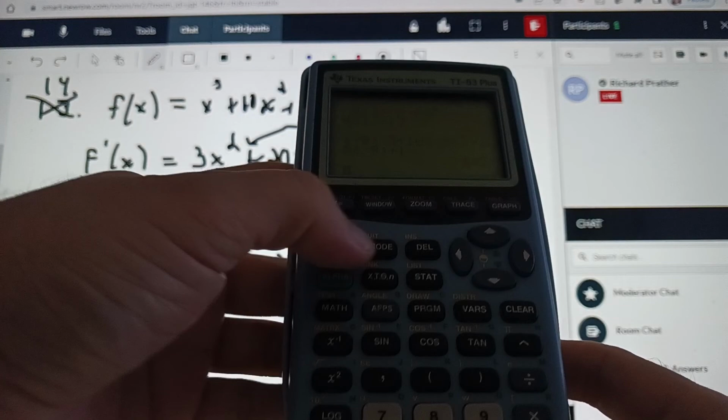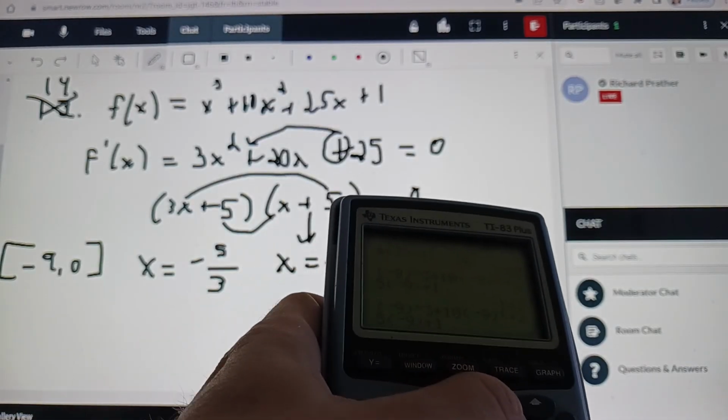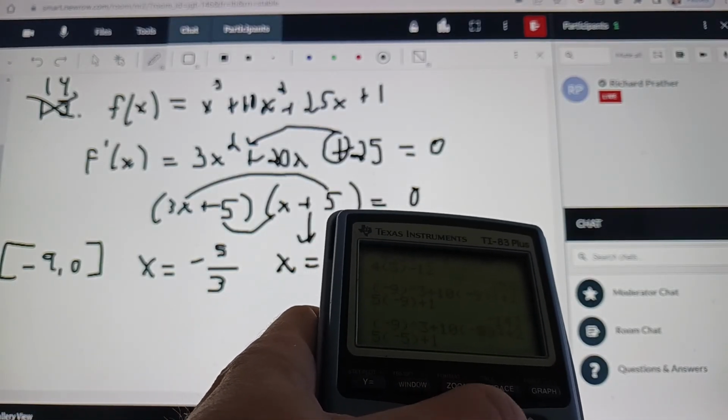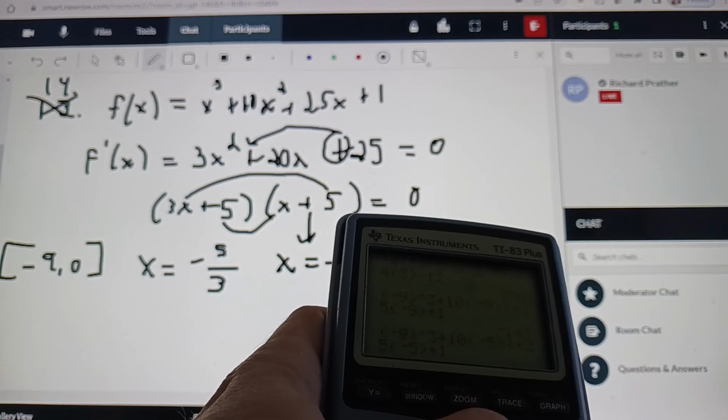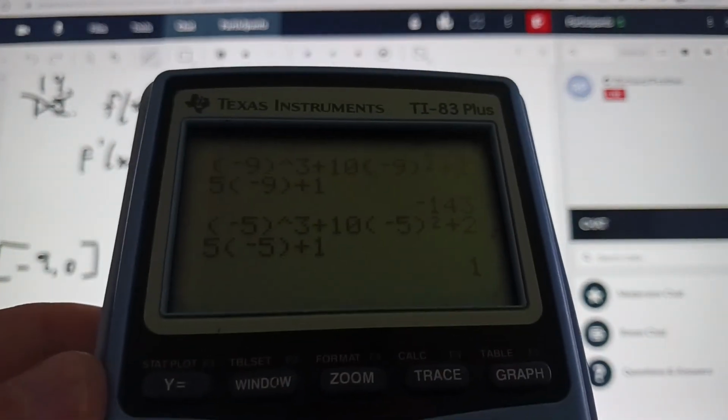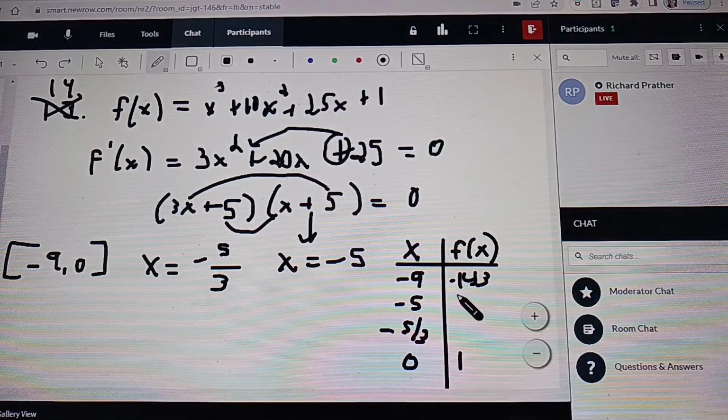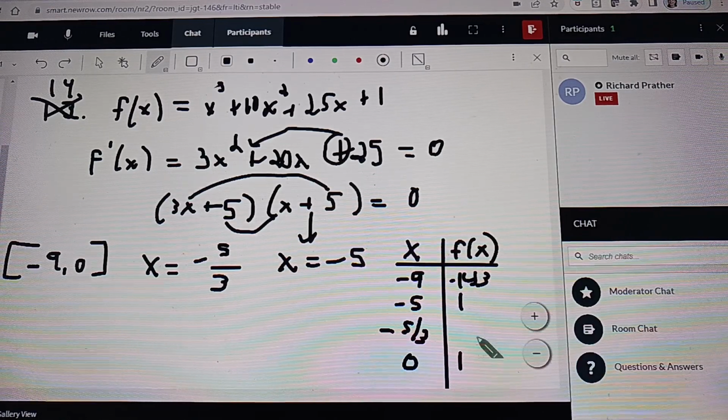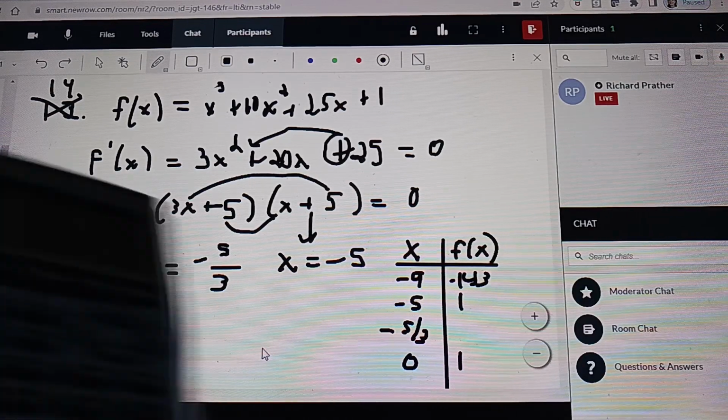So I can hit second enter and just type over the -9s with -5s. When we plug -5 in, it's now +1 again. So already there might be a tie for the absolute maximum. And this could be the absolute minimum, but we still have -5/3 that could go either way. But one of these two values is definitely one of the two answers.